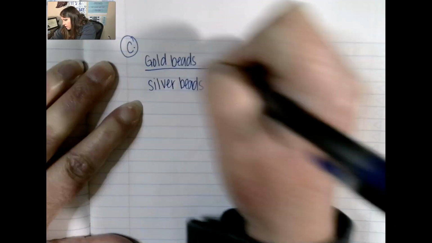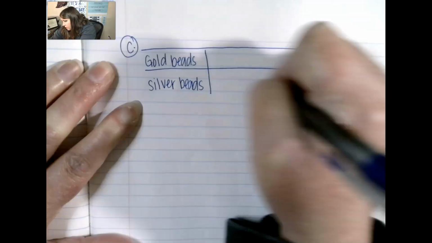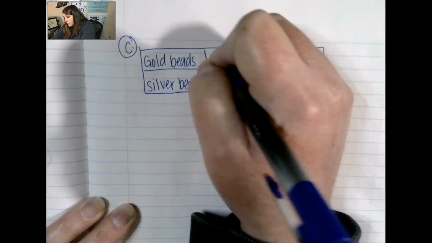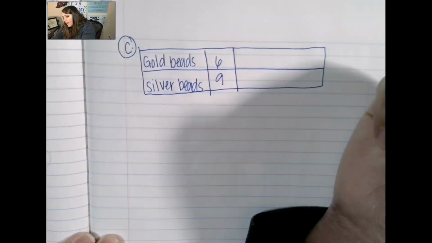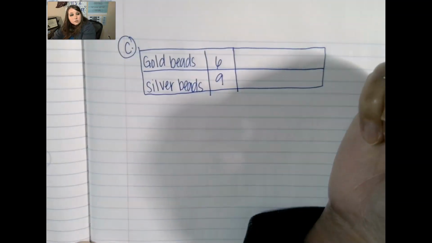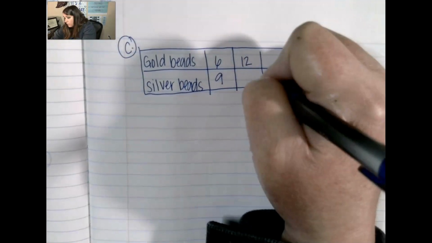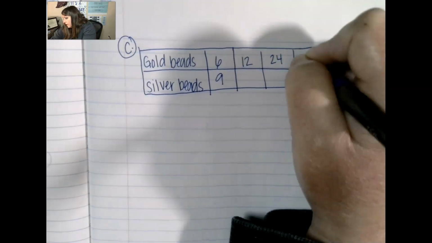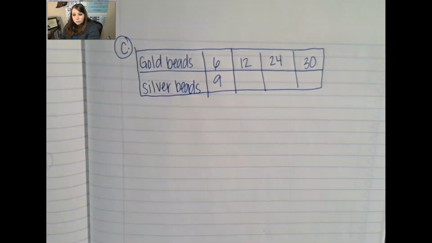All right, and in our ratio table, it says that our starting ratio is 6 to 9. So for 6 gold beads, I have 9 silver. So 6 gold to 9 silver. We have 12 and 24 and 30. And they want us to find all of the silver beads.